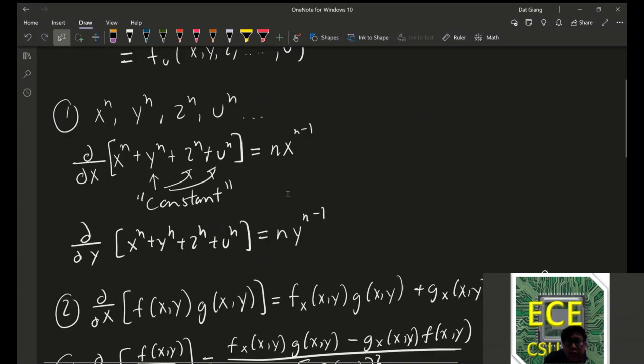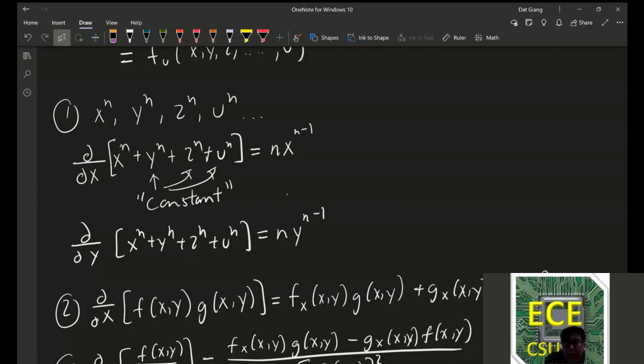This leads us to a few of the rules that we've seen in single variable calculus, but extended to multivariable. So suppose you're given some x to the n, y to the n, z to the n, u to the n.